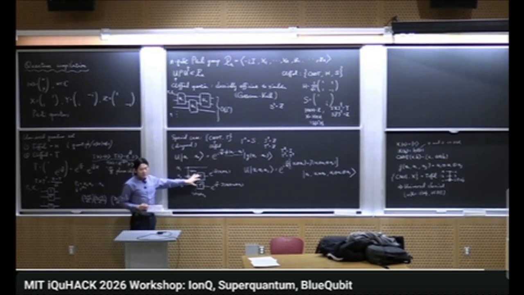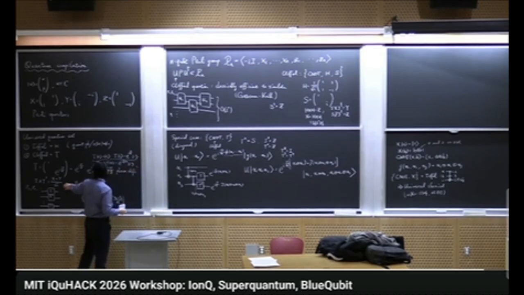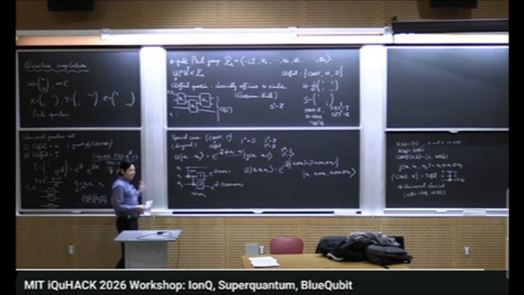So minimizing the number of T-gates is actually a big deal. Here I was trying to intuitively explain the practical reason why we want to minimize the number of T-gates: in a fault-tolerant architecture, these are very expensive operations.